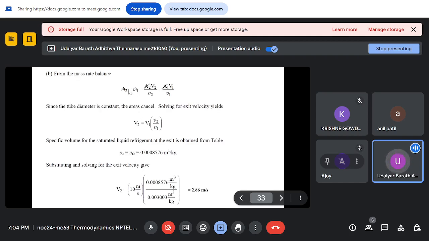So m dot 1 equals m dot 2. So same rho A V, or A2 V2 by specific volume at state 2 equals A1 V1 by specific volume at state 1. Because this is a constant cross section tube, your areas will be the same. So A2 equals A1, so you can cancel out. So you know velocity at 1, you know specific volume at state 1, so you can find out specific volume at state 2.